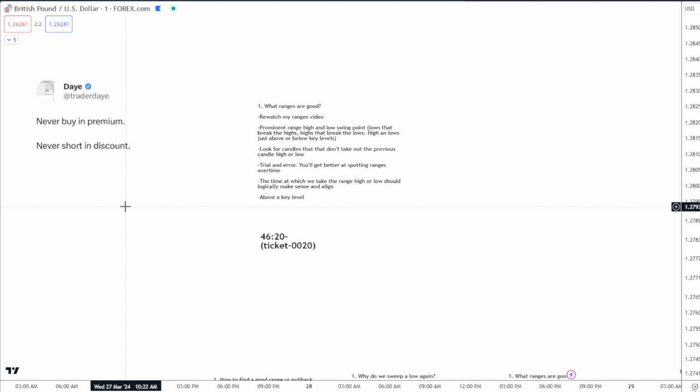When a PDA forms at the range high or low, and following order flow, then you could buy above that high or sell below that low. So when you have a higher time frame PDA that breaks the high or low, like an FVG, for example, then that's when it's permitted to buy above the high or sell below the low. But in my opinion, you're better off if you don't do it, because RR will be better, and it'll likely save you from a lot of losing trades. It'll just filter it out.